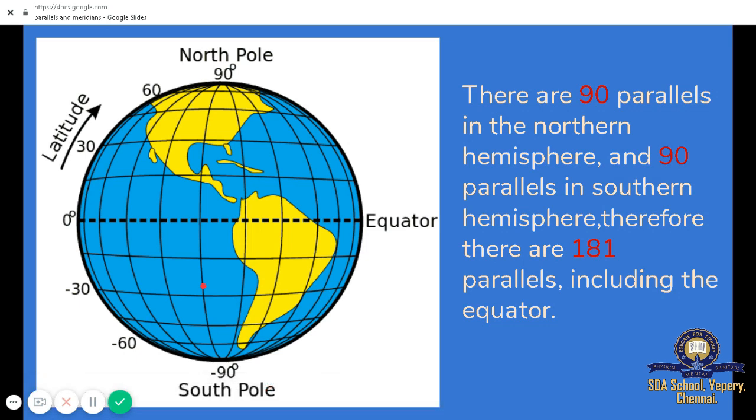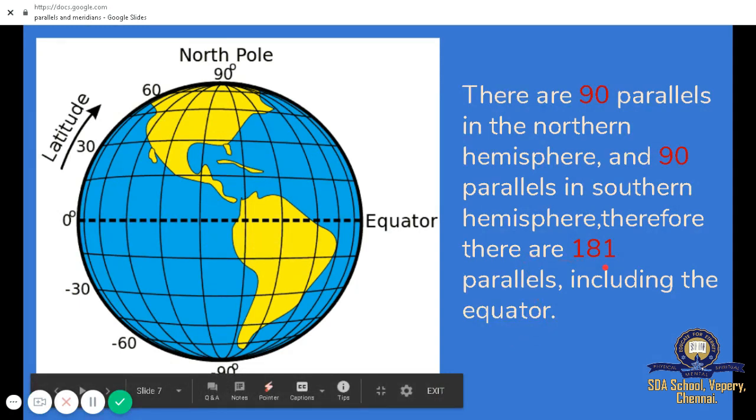So it has 180 parallel lines. The equator is also an imaginary line, so we have to count that also. So including the equator, there are 181 parallel lines.